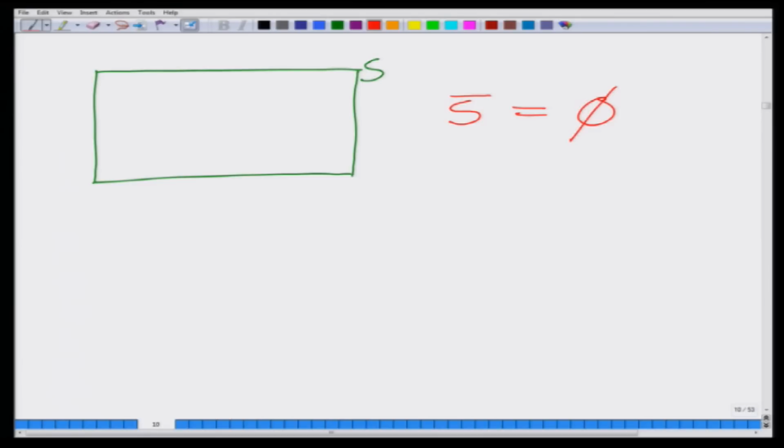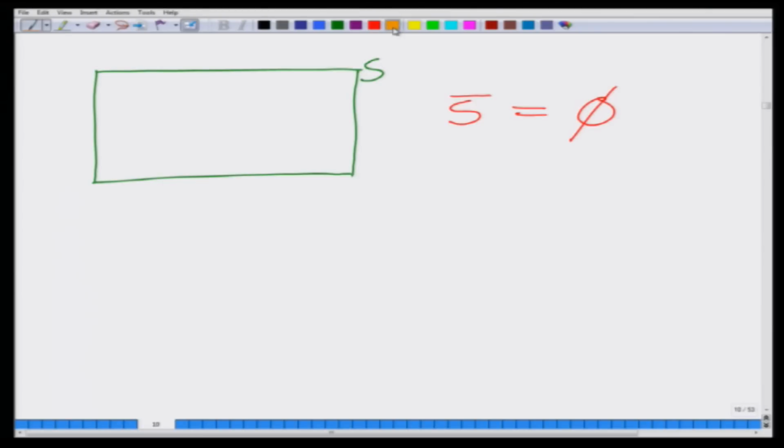Remember, the complement of an event is all the sample points that are not in the event but are in the sample space. Naturally, the complement of the sample space contains nothing, which is the empty set phi.